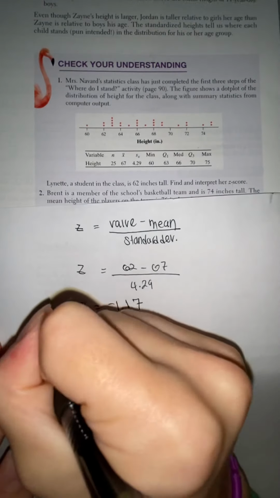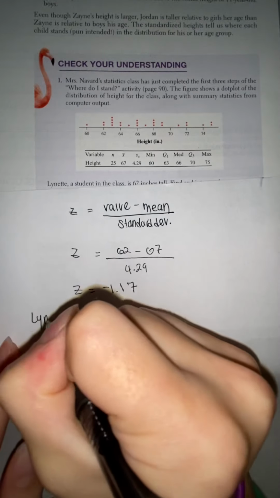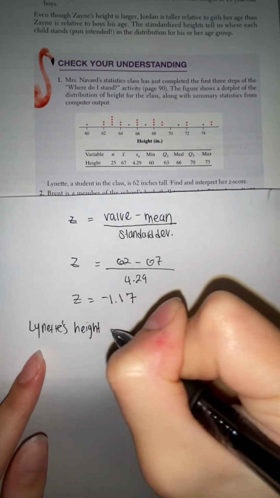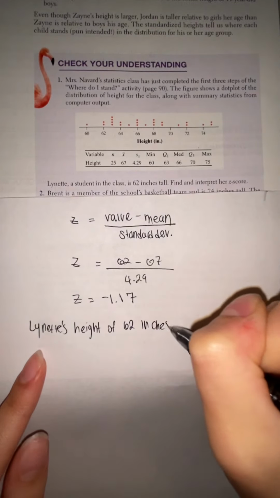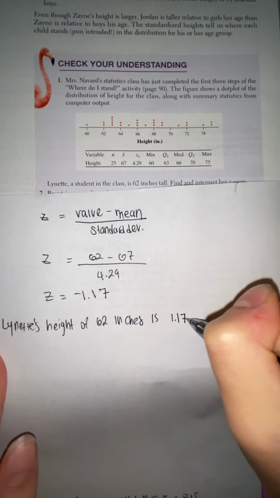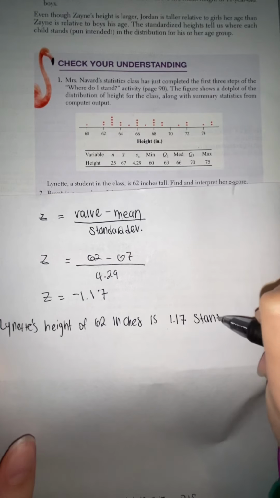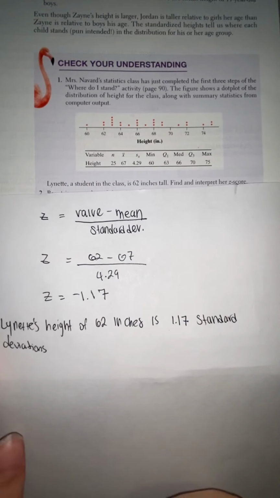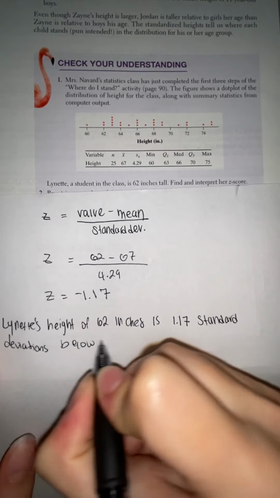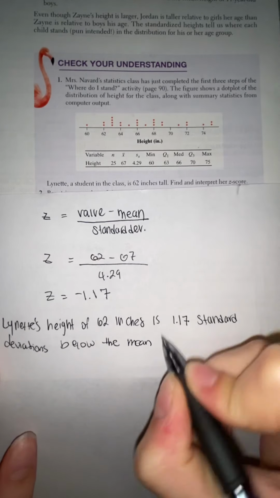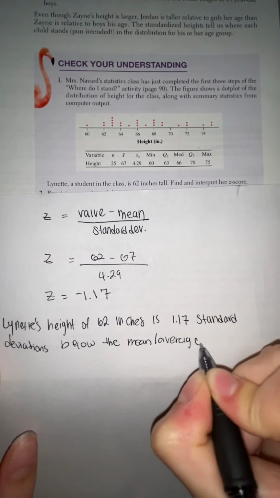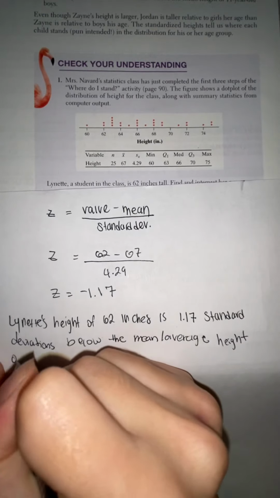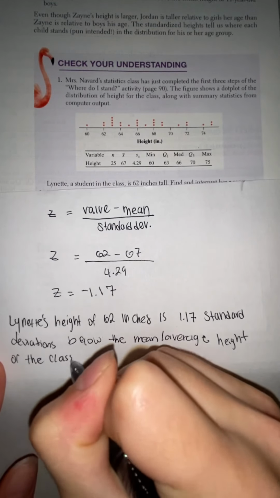Well, this means that Lynette's height of 62 inches is 1.17 standard deviations below the mean, or you could say average, height of the class.